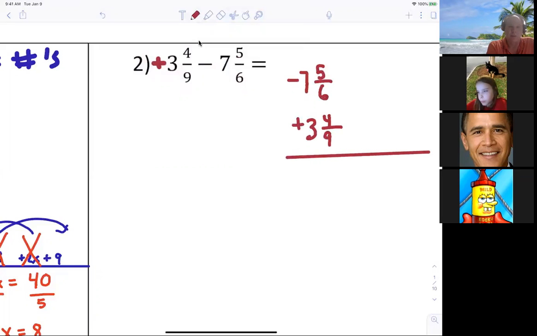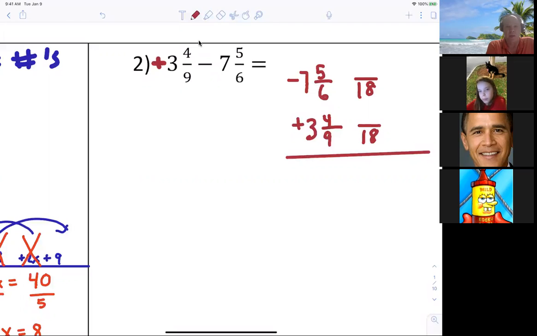All right, common denominator is what? 18. Everybody, we've been doing this since 5th grade. We can't be in 8th grade forgetting how to add and subtract fractions.